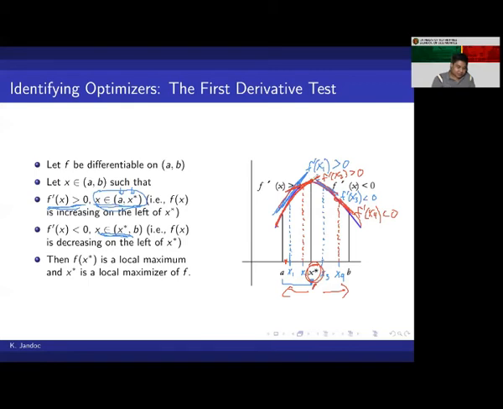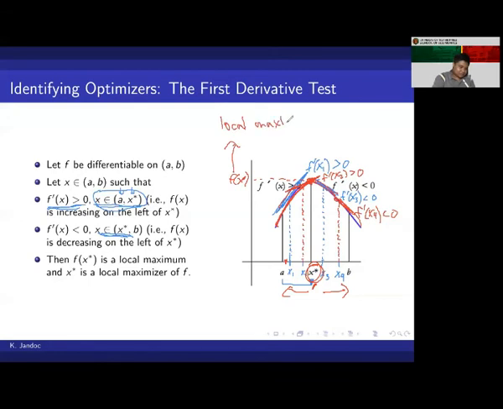And the value here, call it f of x star, is called the local maximum.